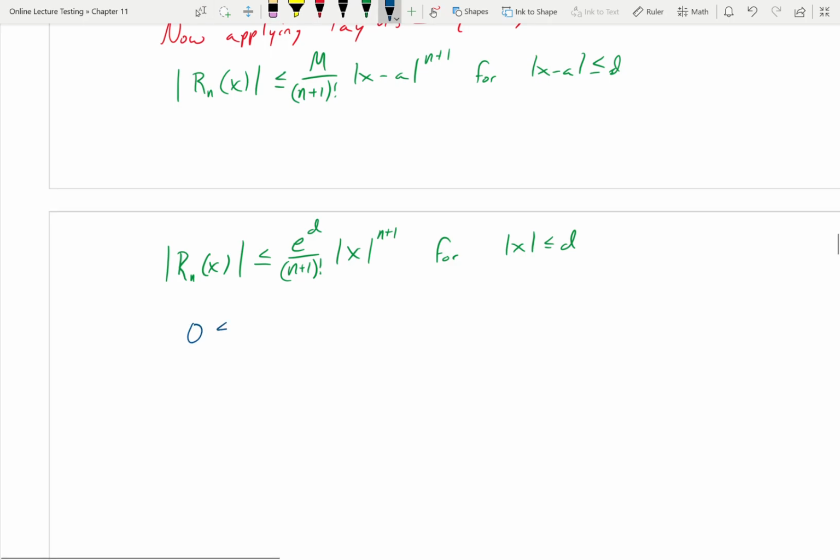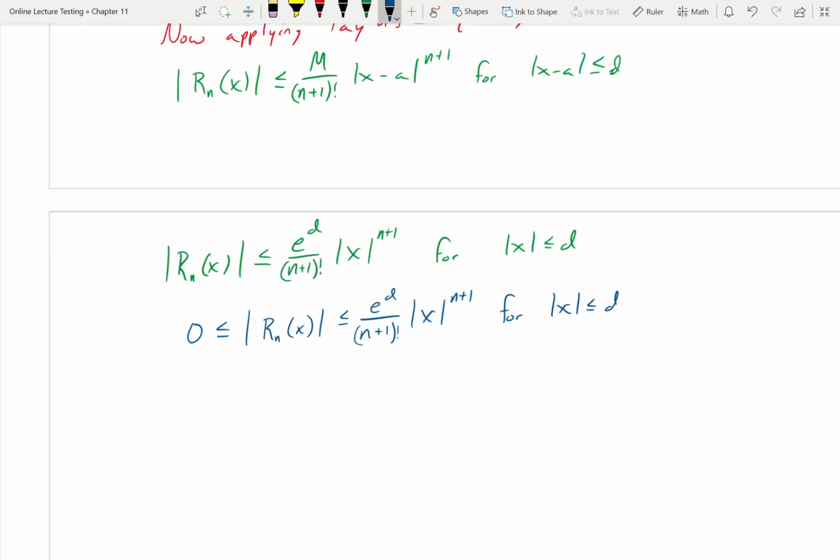So I can say 0 is less than or equal to the absolute value of r sub n of x, which is less than or equal to e to the d over n plus 1 factorial, absolute value of x to the n plus 1, again for absolute value of x less than or equal to d.